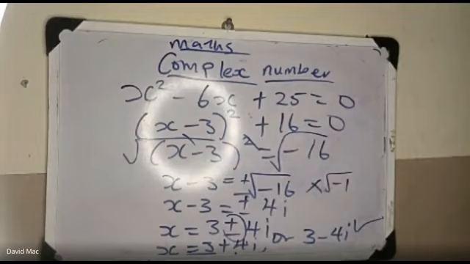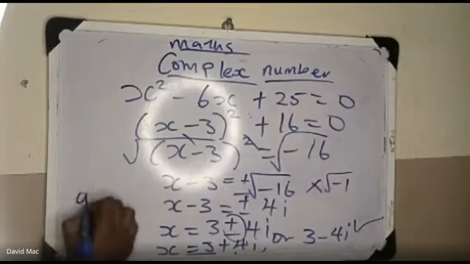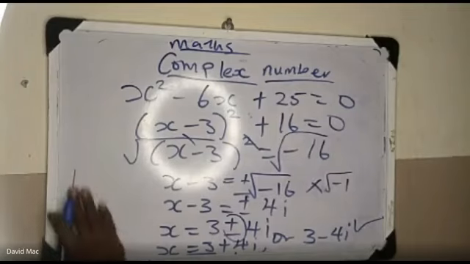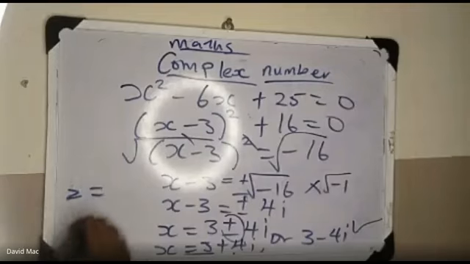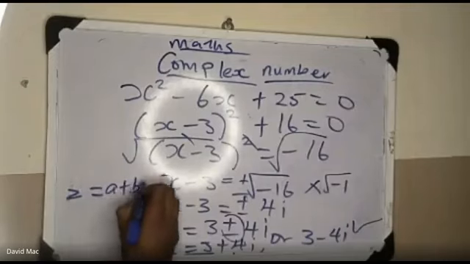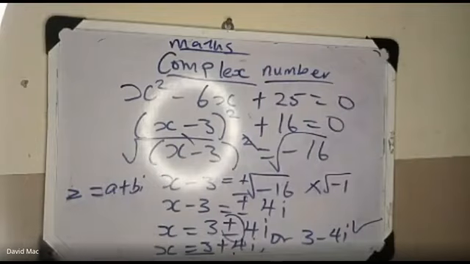I told you this is the general form of a complex number. I told you complex number is denoted by z, and you're finding it to be a plus bi, where a and b are real numbers, and i there is the imaginary number. I taught you all these things.